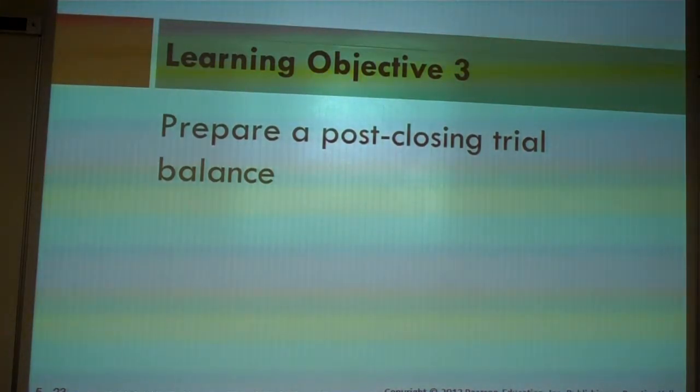The last thing we're going to do then is to prepare a post-closing trial balance. First time we've done this, we're going to go to the ledger and just pull out the accounts that have a balance left. Post means after we've closed. What accounts should we have left when we prepare the post-closing trial balance?